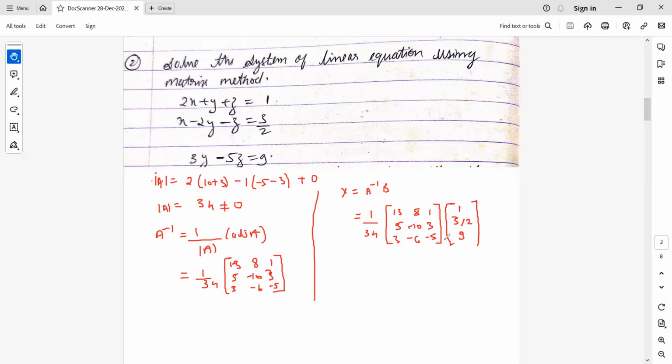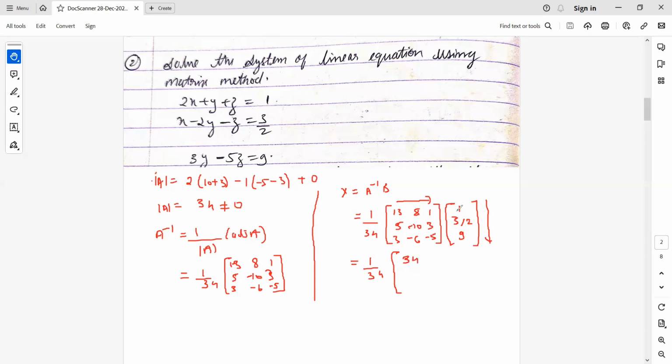So on simplifying this further, first you keep 1 by 34 as it is and multiply. When you multiply the first row with the first column, 13 into 1 is 13, and 8 into 3 by 2 is 12, and 9 into 1 is 9. When you add all these terms, you get 34.